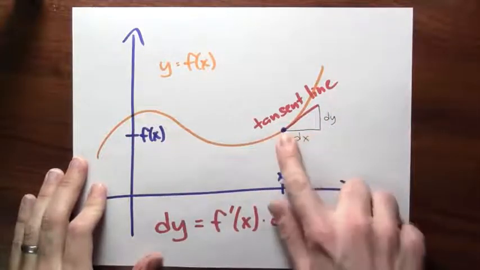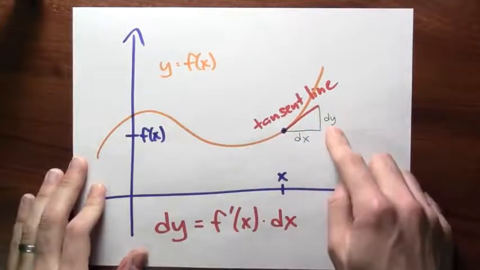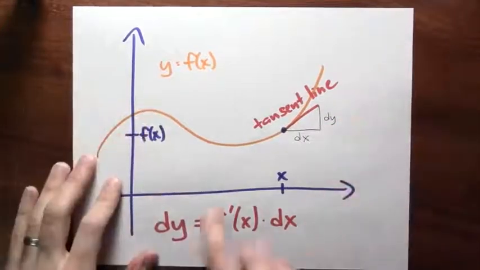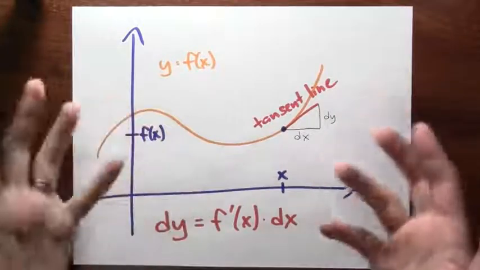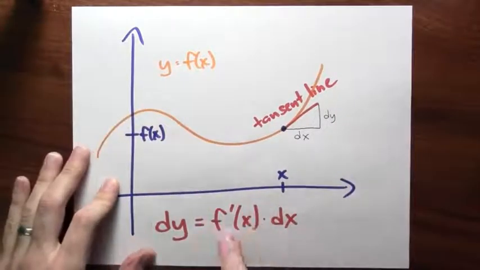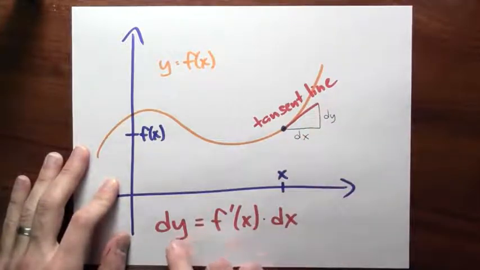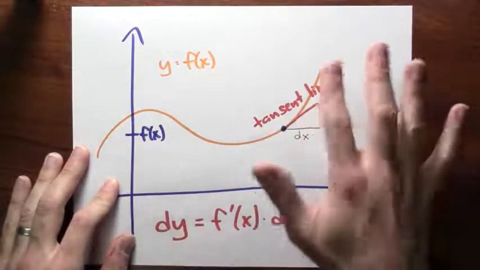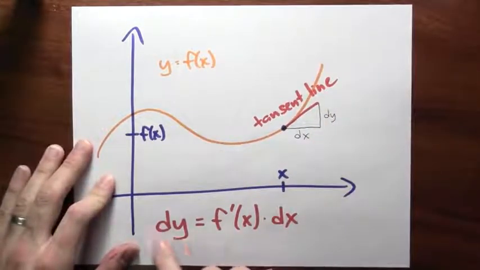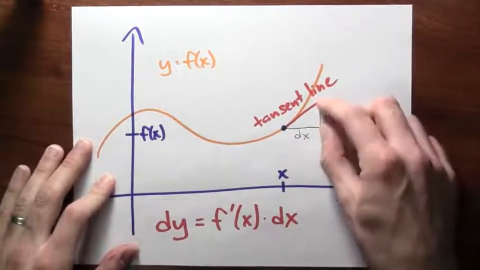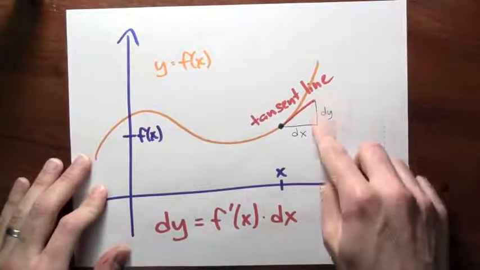And here's some change in x, which I'm calling dx, and here's some change in y, which I'm calling dy.